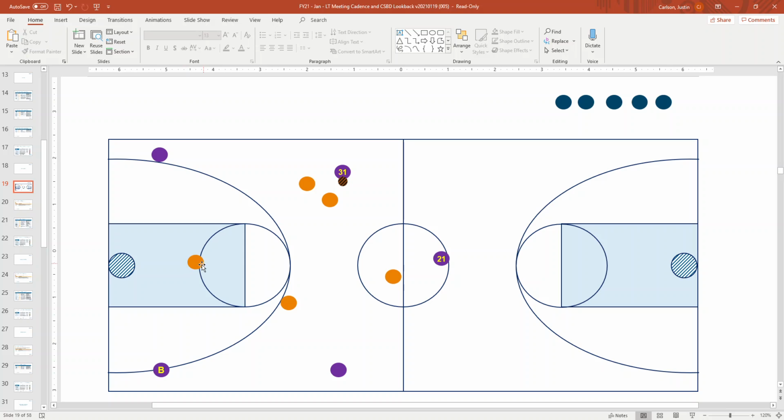So let's talk about what everyone else does. If you're in this middle layer, as you can see, your primary goal, once the ball gets moved over, is that you are trapping anything that's on your side. Okay?